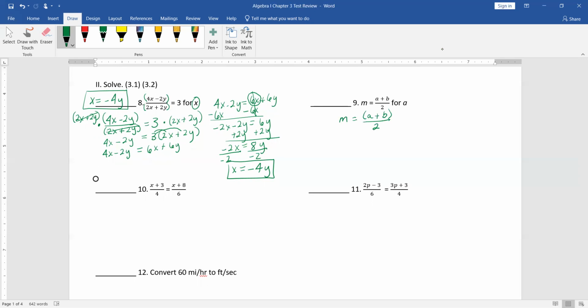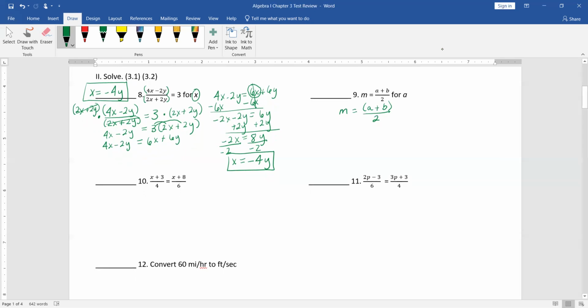So when you are isolating the a, also, this is just me, so I'm sorry if this really confuses anybody, but because I'm solving for a lot of times I like to reverse that. So I would put the a plus b divided by 2 on the left side and the m on the right. But I'm not going to do that because I don't want to confuse anybody. But that way, when you're done, you have your a on the left and your answer on the right. Okay. Anyway, so the first thing we need to do here is divide both sides by 2.